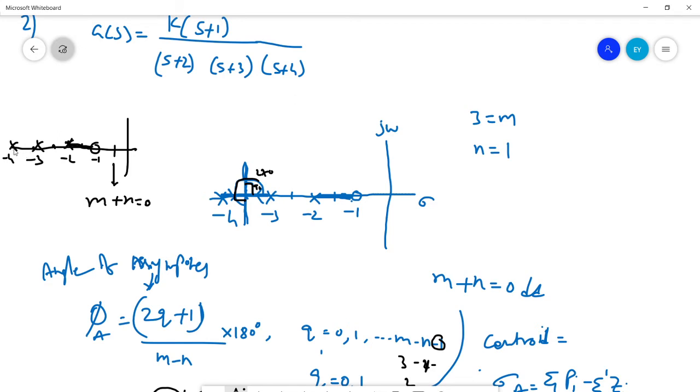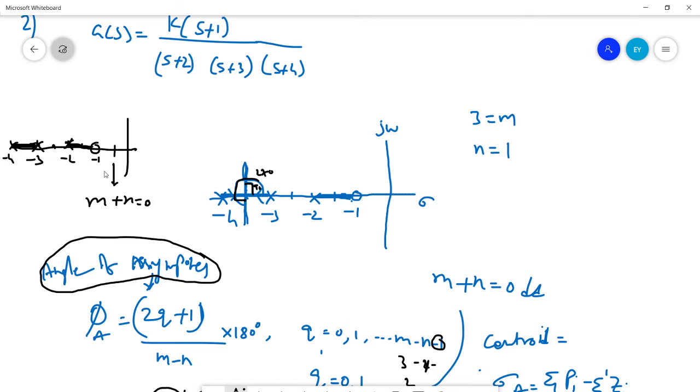We know the locus exists between these points, but that is not the ending point. Somewhere we have to check the ending point. To do that, we should know the angle of asymptotes.